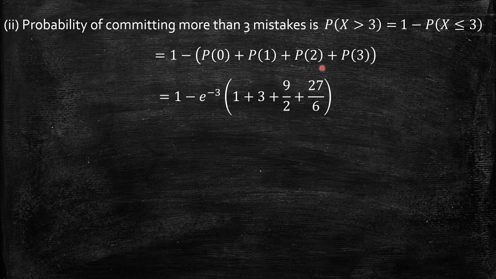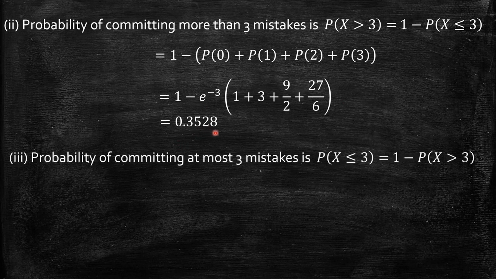When x equal to 2, that is 3 square by 2 factorial, that is 9 by 2, plus when x equal to 3, 3 cube by 3 factorial, that is 27 by 6. Simplify this, that gives 1 minus exponential minus 3 times 1 plus 3 plus 9 by 2 plus 27 by 6, which gives 0.3528. Give this to the calculator and we get the answer 0.3528.